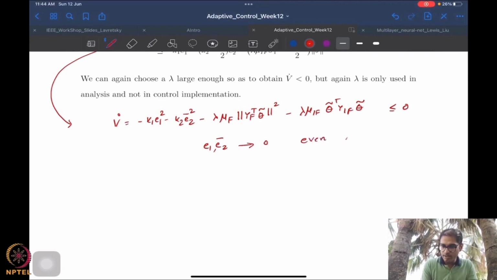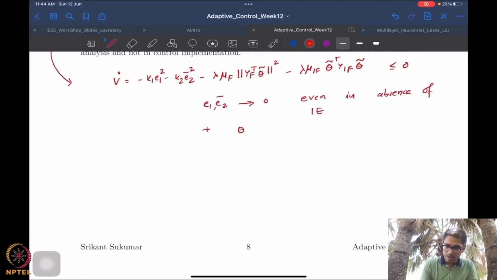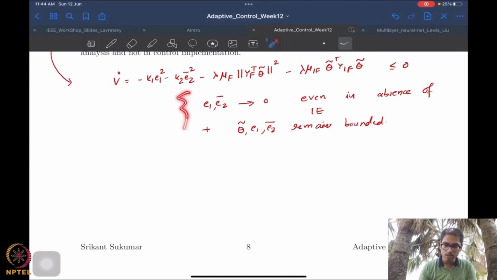E1 in absence of initial excitation, plus theta tilde, E1, E2 bar remain bounded. So all these quantities also remain bounded. So this is rather nice.